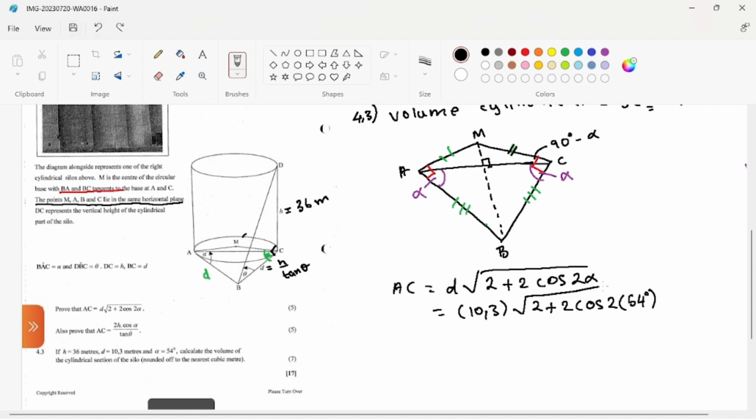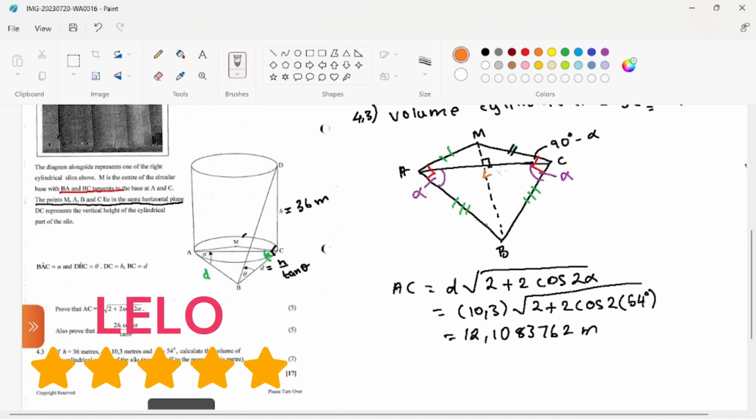You punch this on your calculator, and then we simply divide this number by 2. Let me put L here for Lelo.